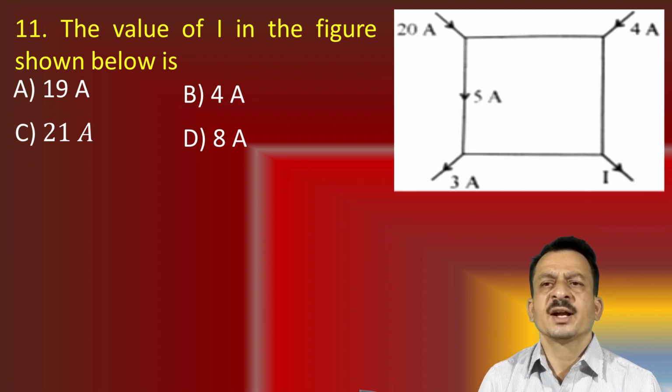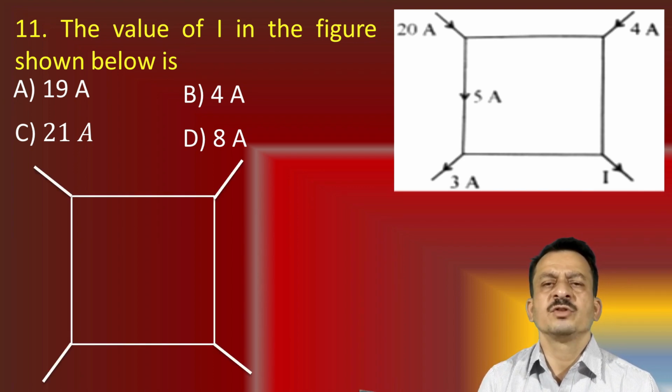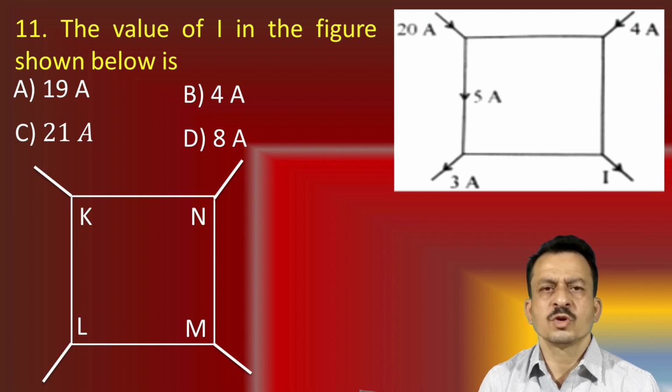Now let me draw the diagram like this. We have this rectangular block with 4 arms. Let me take the junctions K, L, M, N. Let us first take the K junction. Through that junction K, a current of 20 amps is entering.